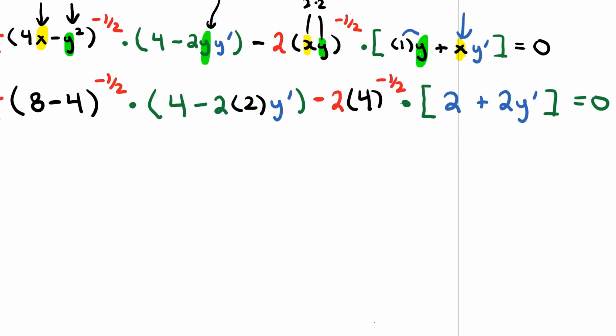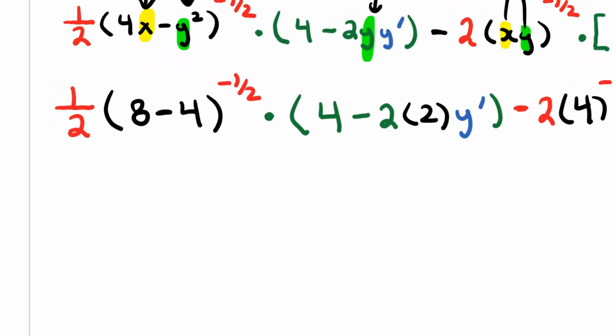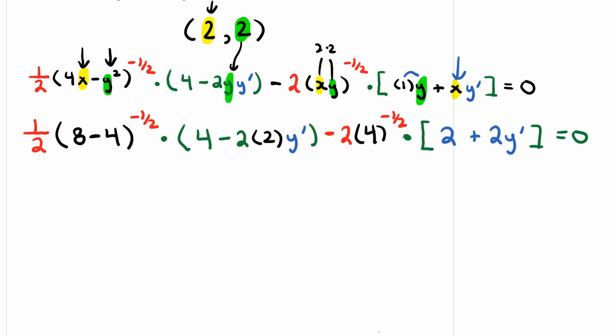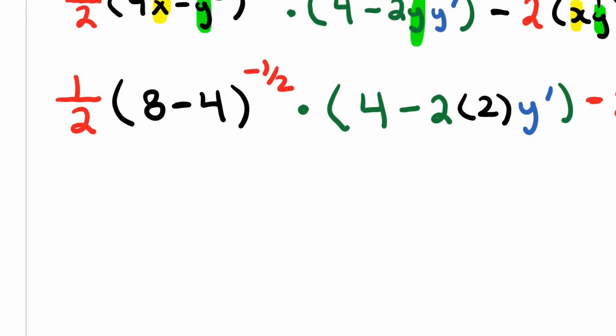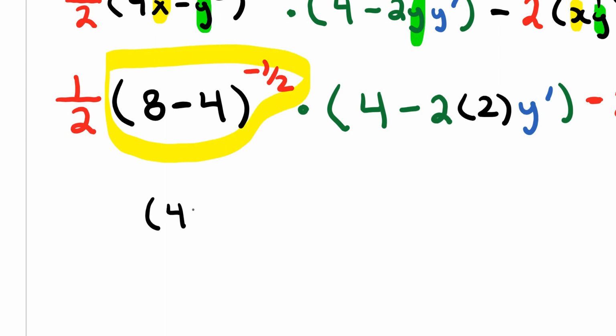Okay, so still quite a bit of work there. Let's see if we can just simplify all of this now. Okay, so let's go ahead and now compute the numbers and try to clean this up. Let's go back to the beginning now. So let's take care of this part right here. So I know 8 minus 4 is going to be 4, and that's being raised to the power of negative 1/2.